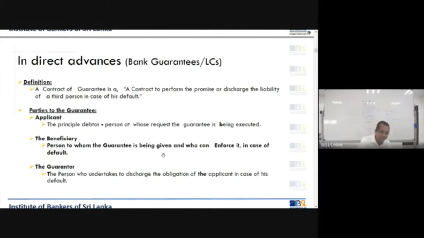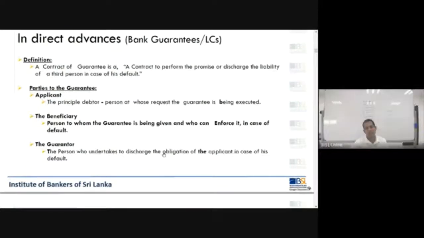Guarantor is the bank or the person who is guaranteeing the liability of the applicant. The person who undertakes to discharge the obligations of the applicant in case of his default. That's the bank. Right? Applicant is the customer. Beneficiary is the corporate or whoever the guarantee is issued to and who can enforce the guarantee. And the guarantor is the bank or the financial company.